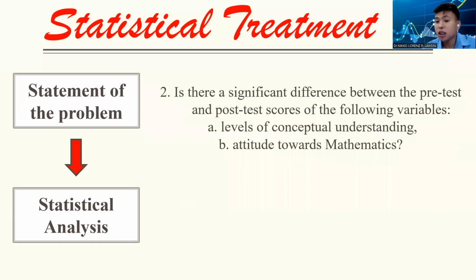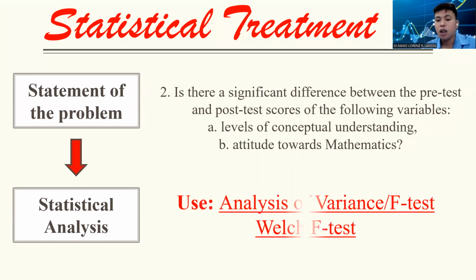If you have an inferential question like this one asking for a test of difference, you can use analysis of variance, which we know as the F-test, or you can also use another version, which is the Welch F-test.